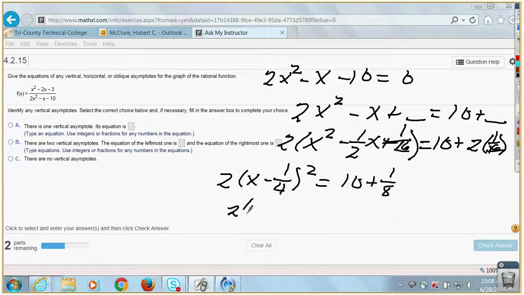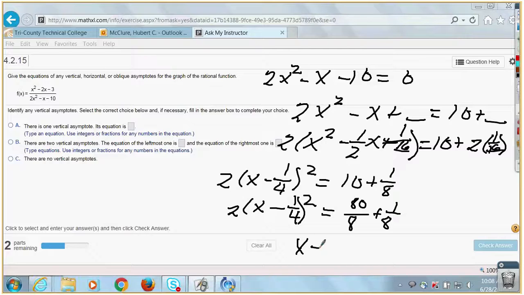And then that's going to be 2 times x minus 1/4 quantity squared is equal to 80 over 8 plus 1/8. And go ahead and divide by 2, that means multiply by 1/2. You're going to get 81/16, I think, something like that.